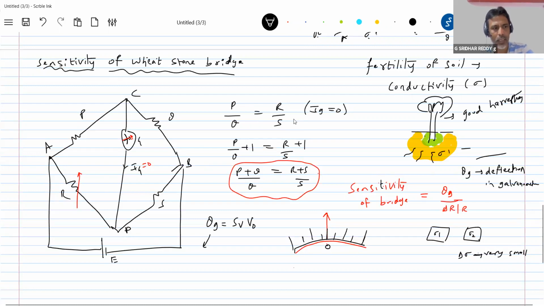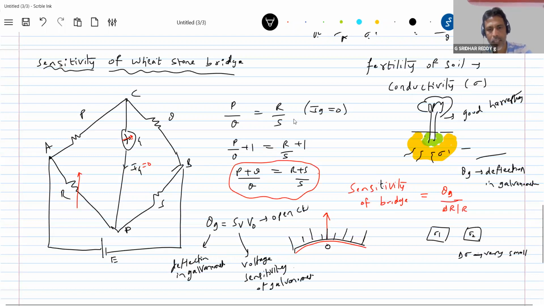So again, the deflection of the galvanometer depends on the voltage sensitivity.